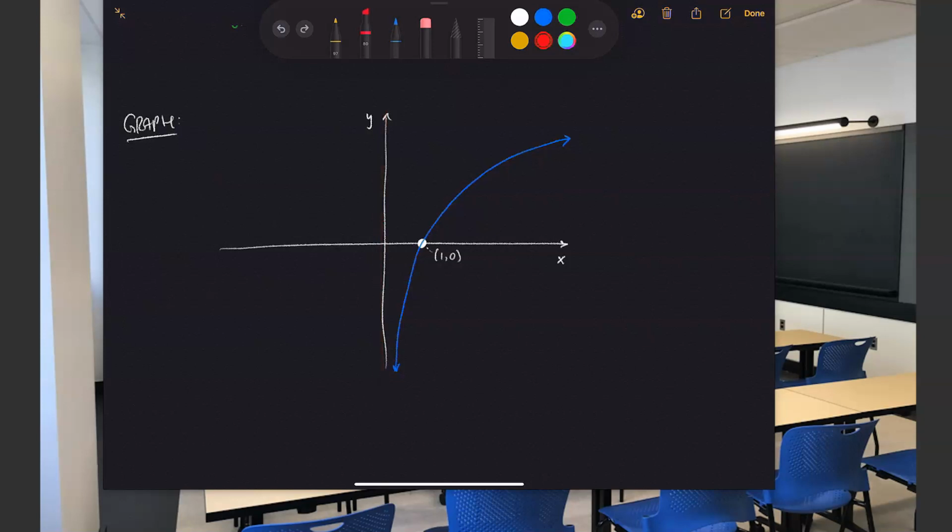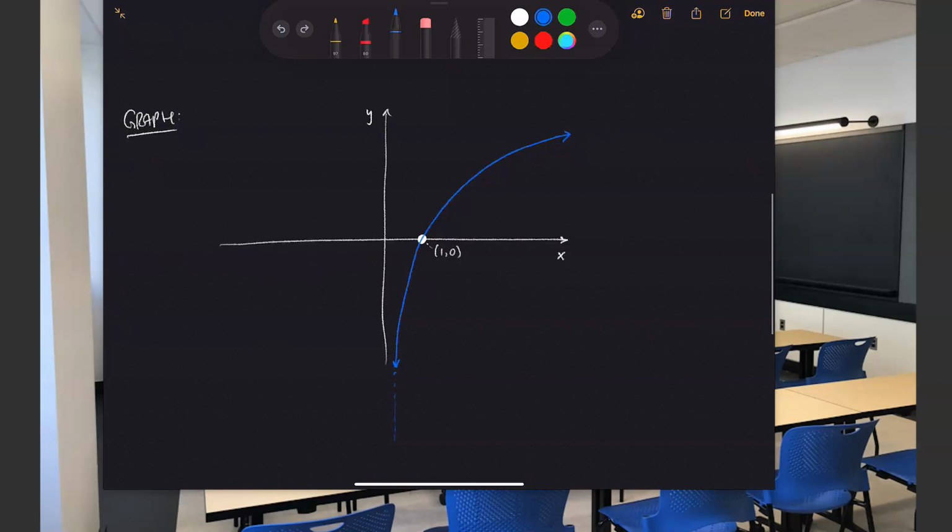Right? This serves as a vertical asymptote. It will get closer and closer and closer, but never really touch the y-axis. And up here it will increase, although it's going to be growing slower than you see. Right here we see some explosive growth, and over here it's more gradual growth. But this will continue to increase, albeit slowly, up to positive infinity.